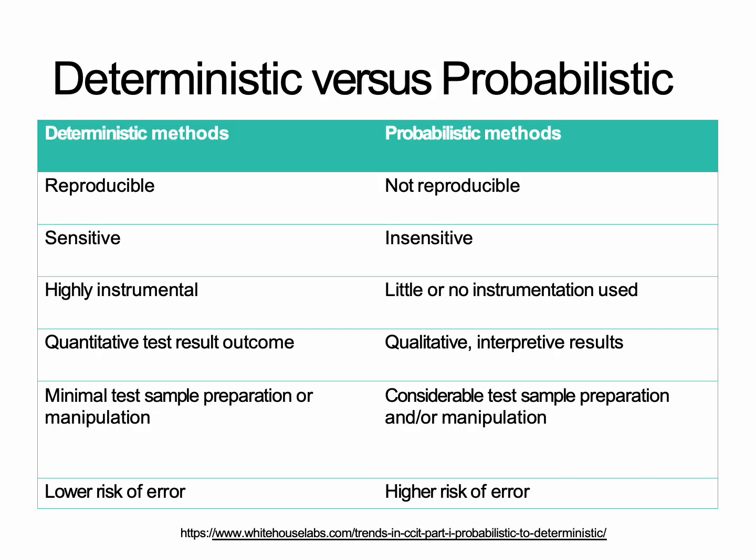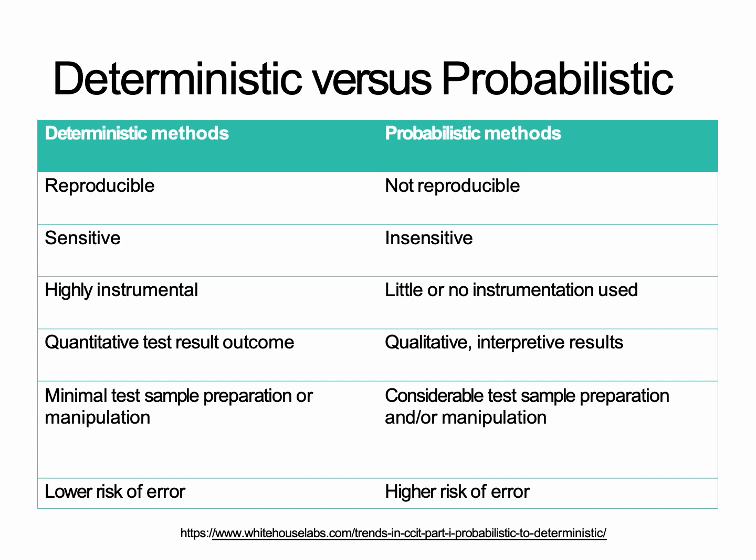Now here, we are able to look into the table where on the left you have the deterministic methods, and on the right side you have the probabilistic methods. As you see, the deterministic methods are reproducible. They are sensitive because we use equipment as well, or sensors, for example.